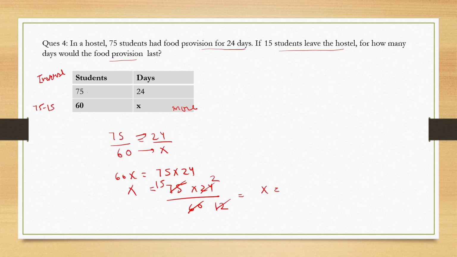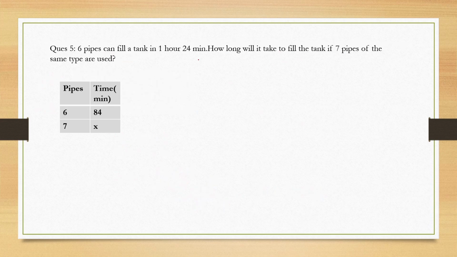So the 60 students will finish the food in 30 days. So it's the inverse proportion. It's very necessary that we first find out whether it is direct proportion or inverse proportion. We have to see whether the quantity, the amount or the days are increasing or decreasing. Now we will see the last example.